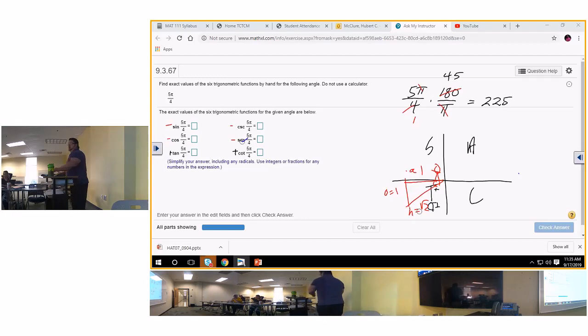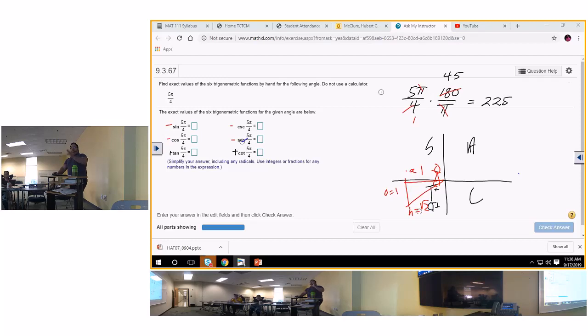So what would the sine be? 1 over square root of 2, which is the square root of 2 over what? 2. Same thing for the cosine. And then what would be the tangent? 1.